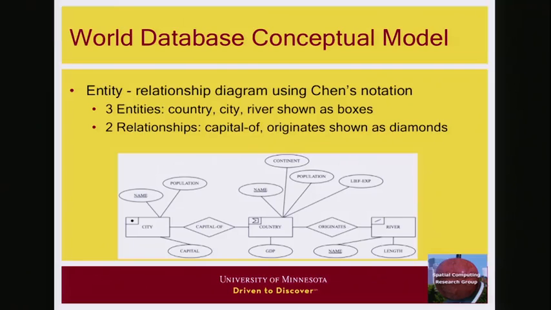So you can see a diamond connecting city and country and another diamond connecting country and river. Okay. In addition, you also see a set of ellipses in this diagram, and they specify the attributes of entities. So for example, the city has 2 attributes and so on.